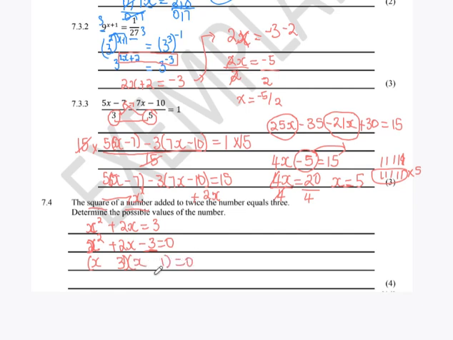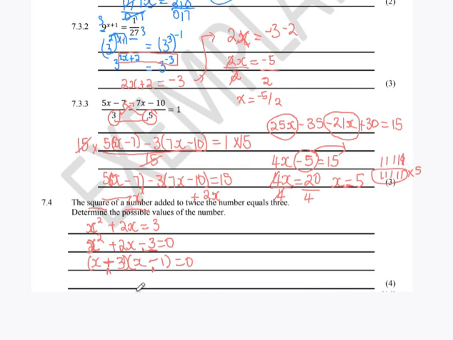And then once again, if this is negative, it means the signs here must be different. One of them must be plus, one of them must be minus. And then which one is it? We move to the middle term. If the middle term is positive, then the bigger number in the bracket must be positive. So 3 is the biggest, so we put the plus on the 3, and we put the minus on the 1.